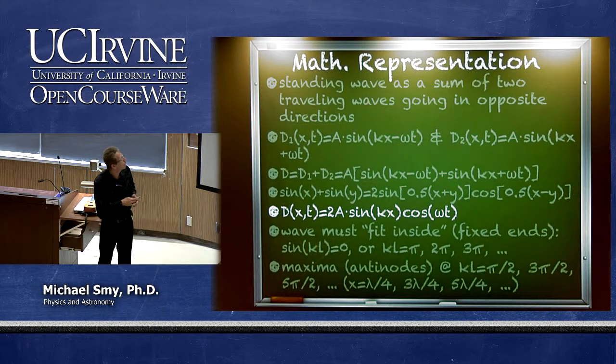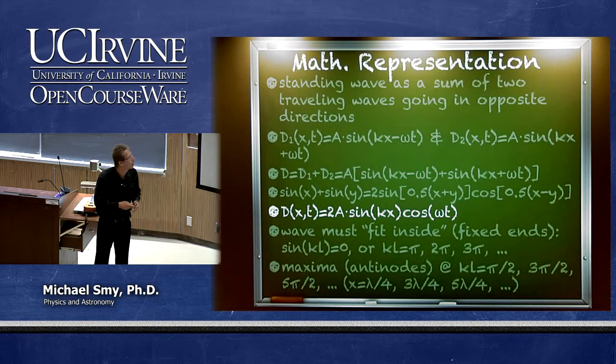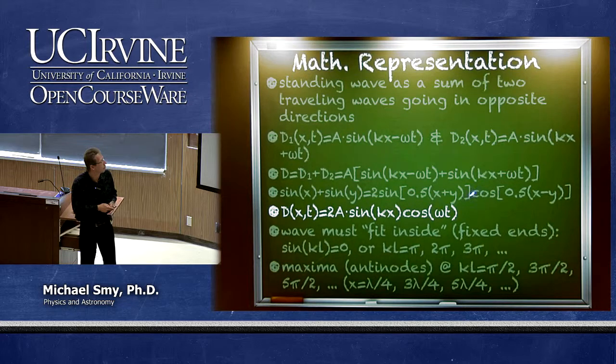In order to do that, we exploit a trigonometric identity that the sum of sine x plus sine y equals twice the sine of 1/2 of x plus y times the cosine of 1/2 of x minus y. It's one of the many trigonometric identities there are.